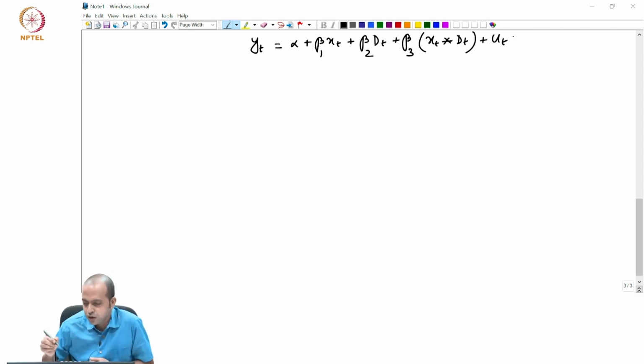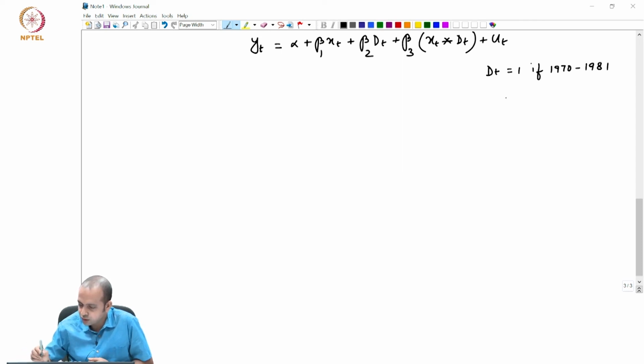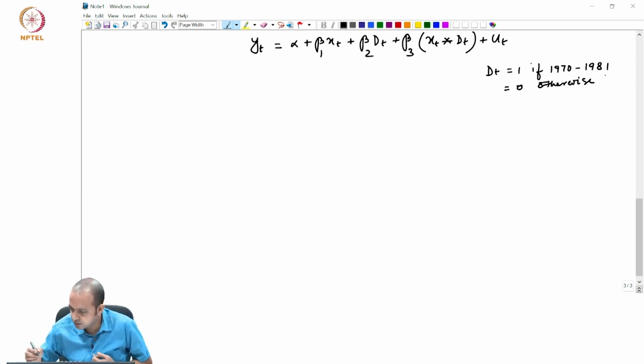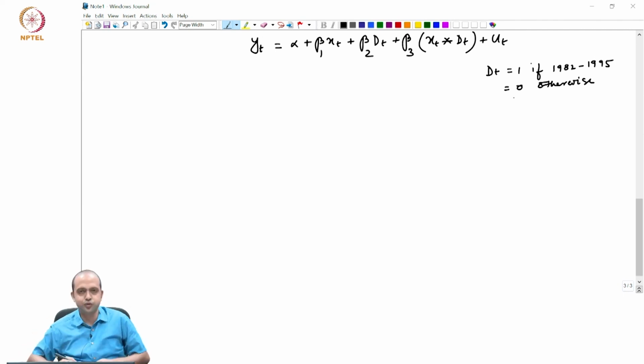This is our model, and how have we defined dt? dt equals 1 if the period is 1982 to 1995, and 0 otherwise.